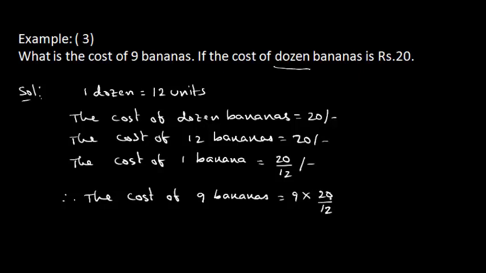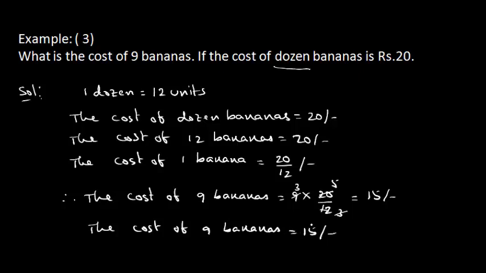Now we can solve the equation. 4 divides 20, 5 times. 4 divides 12, 3 times. 3 divides 9, 3 times. So 3 fives are 15 rupees. The cost of 9 bananas equals 15 rupees.